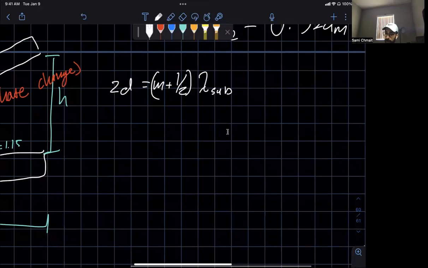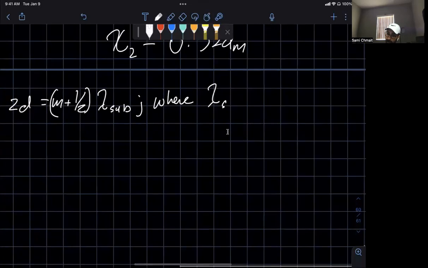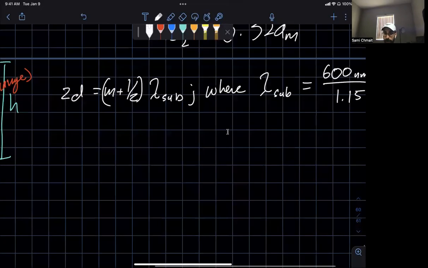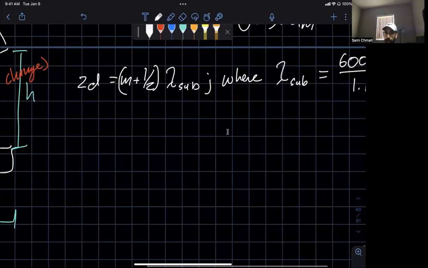So what is that substance? Well, the lambda of the substance is going to be equal to what it is in air, which is that 600 nanometers, divided by the material's index, that 1.15 right there. Okay, so you can now work that all out, and you can solve for d.